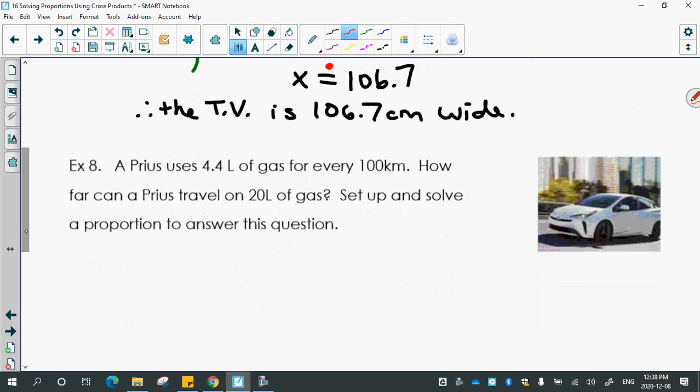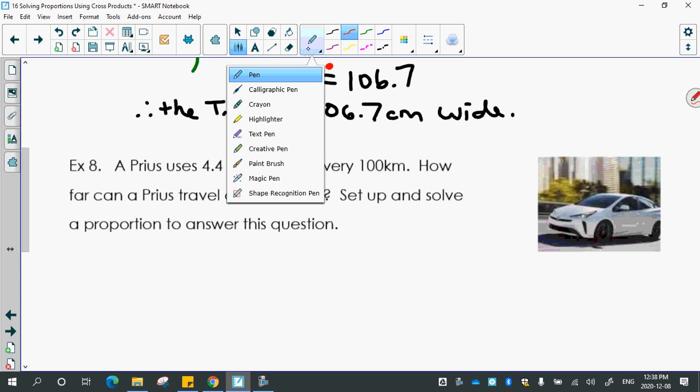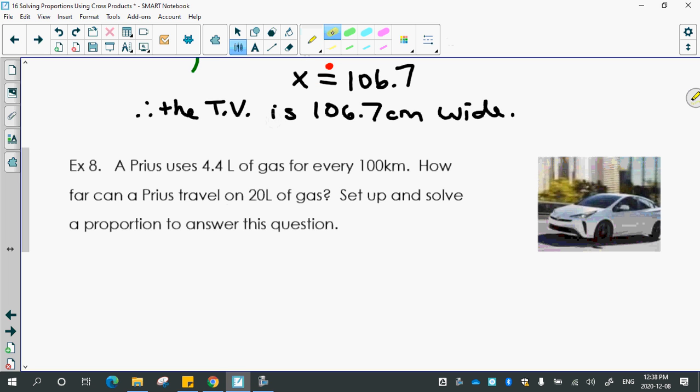Okay, our last example. A Prius uses 4.4 liters of gas for every 100 kilometers. How far can a Prius travel on 20 liters of gas? Set up and solve a proportion to answer the question. So, what are we comparing here? We'll use underlining.